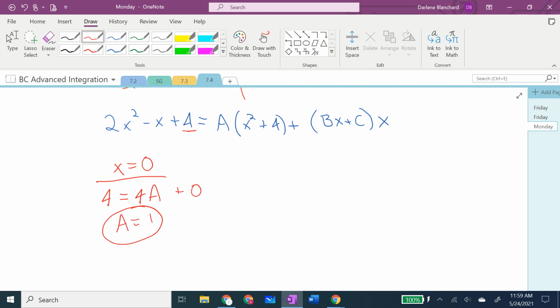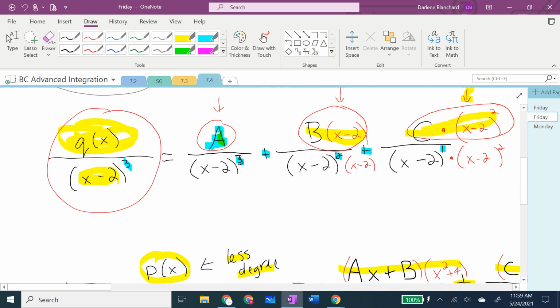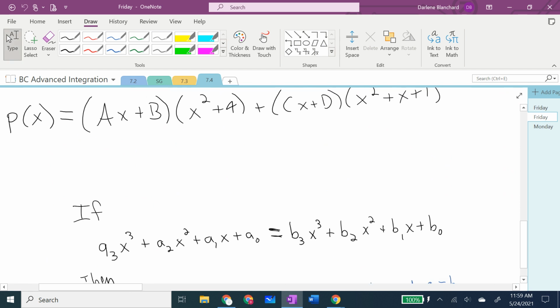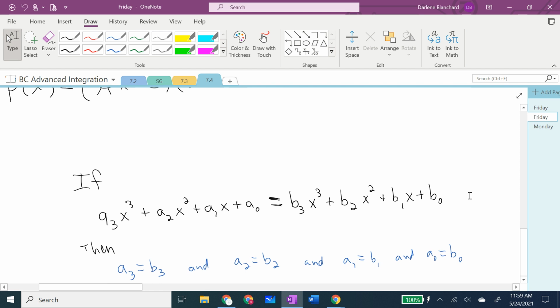So, do you remember that I told you something last Friday? Do you remember what I told you last Friday? If you know 2 polynomials are equal, so we've got polynomial with a coefficients, polynomial with b coefficients, if 2 polynomials are equal, the only way they are equal is if their corresponding coefficients are equal.